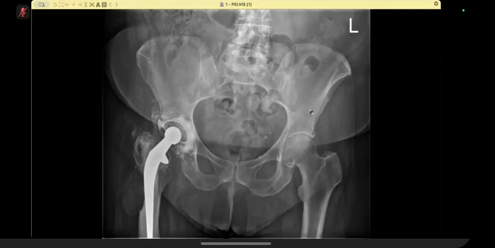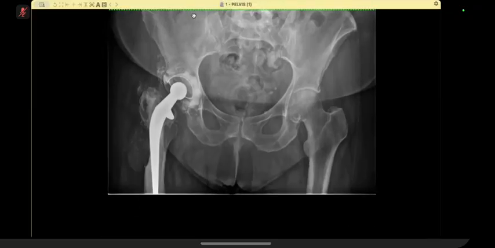I would like to inquire about the history of the patient, if he's suffering from any pain, or if there is any difficulty in the range of movement. So this could be because of wear and tear. What is happening here?